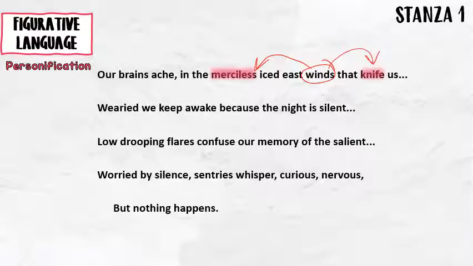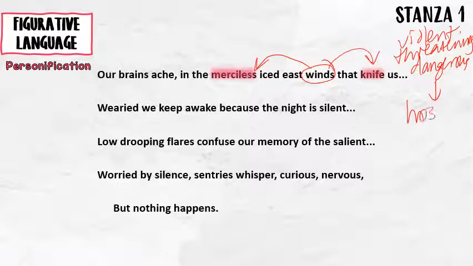That's a very threatening, very aggressive and violent image. So we get a sense now that the wind is violent, it is threatening, it's dangerous, and more importantly, it's hostile. It's like it doesn't want the soldiers to be there.